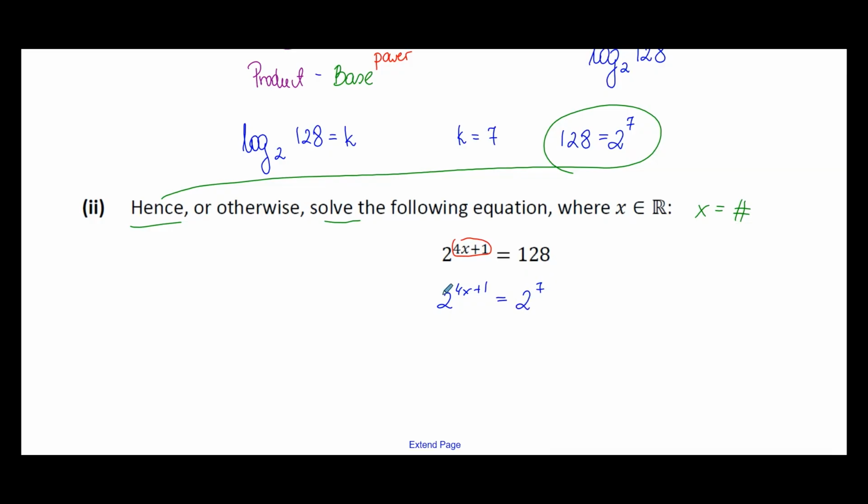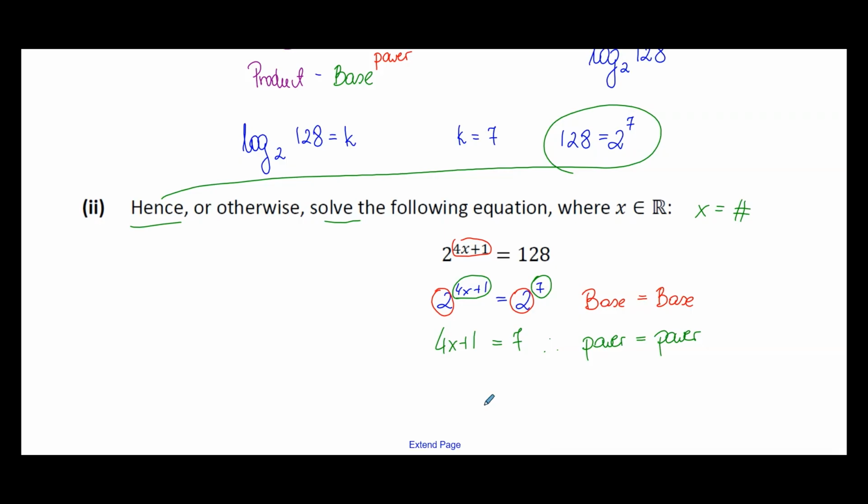When the base is the same on both sides of the equation, we can equate power to power. So 4x plus 1 equals 7.